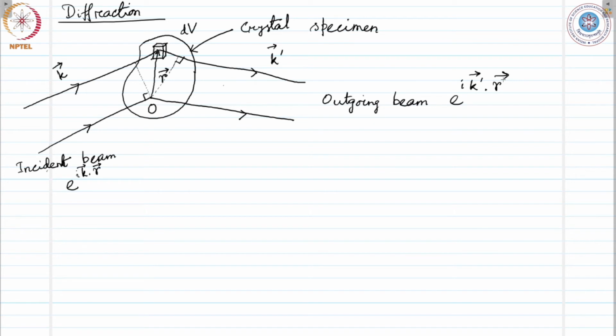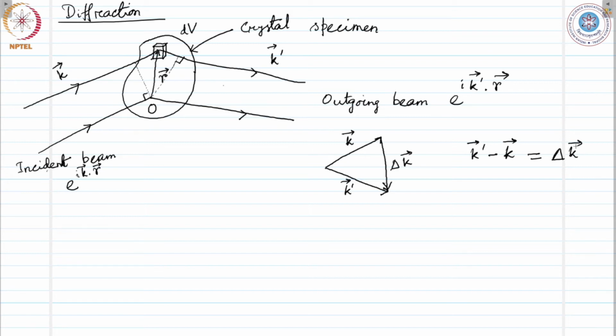And here, the difference between k and k prime: k is somewhere along this direction, k prime is somewhere along this direction. This vector is delta k. So k prime minus k equals delta k.